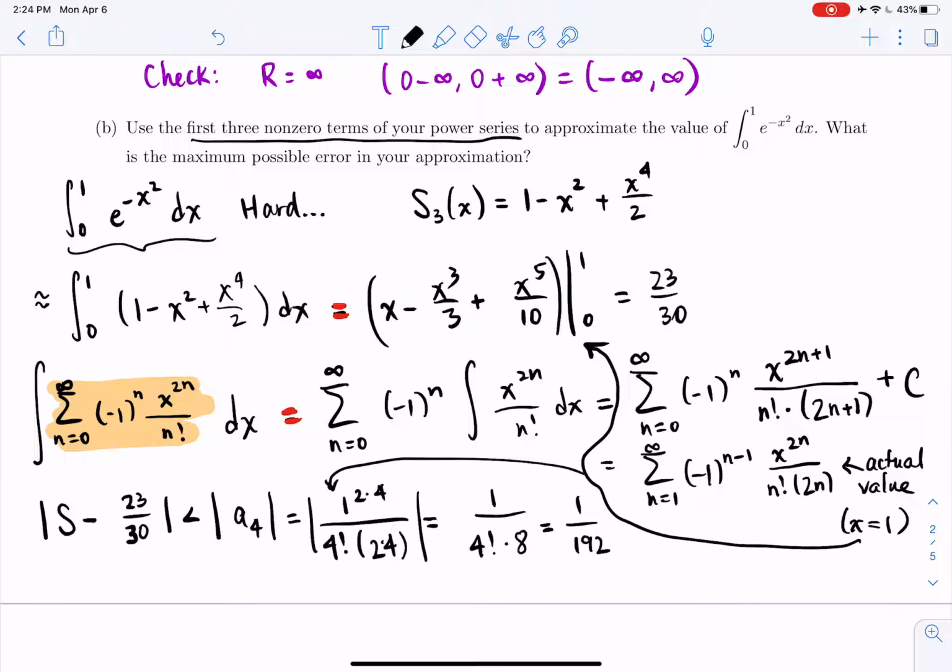Hi again. I mucked up a little example here. When you anti-differentiate this, and I switched my range for n, everywhere you see an n, I should have replaced that n with n minus 1 in parentheses. In doing so, my powers here would actually end up being x to the 2n minus 1, and 2n minus 1.